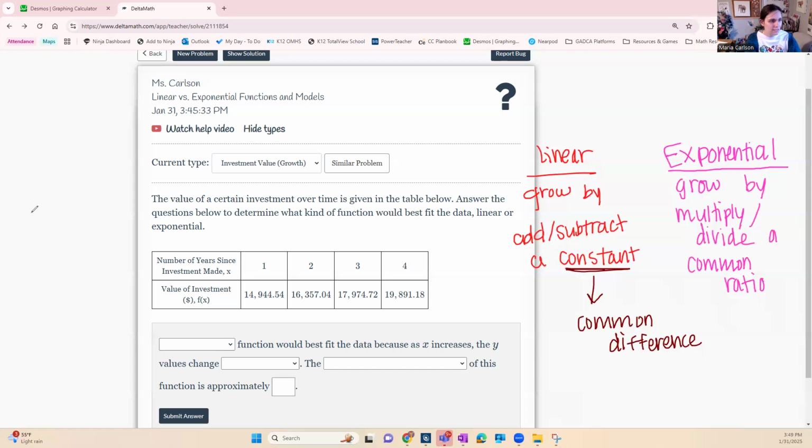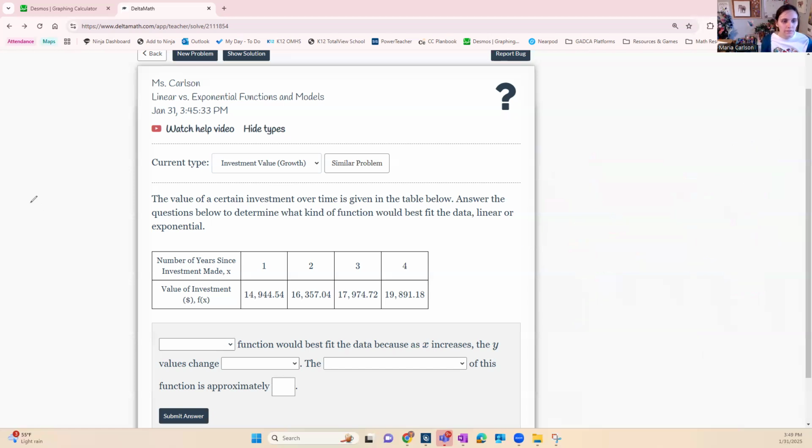All right, so looking back at this table here, we have the number of years since the investment has been made, 1, 2, 3, or 4 years since it's been made, and the value in dollars of the investment. This is our f of x. Now, if I am looking at how my f of x values are changing as x increases, it looks like the value of the investment is going up, right?